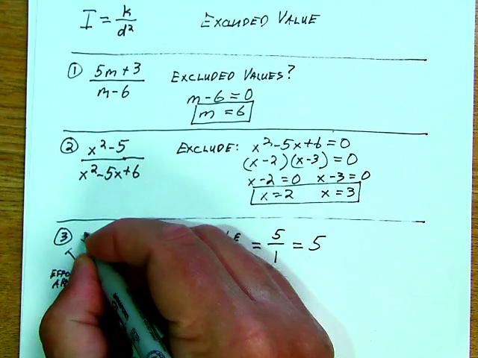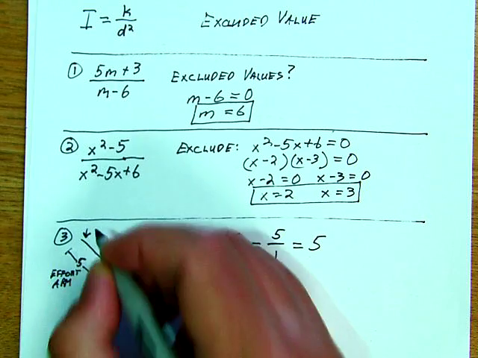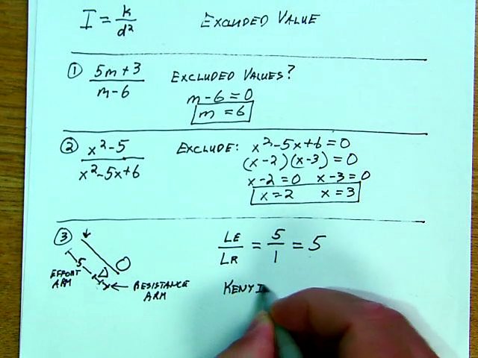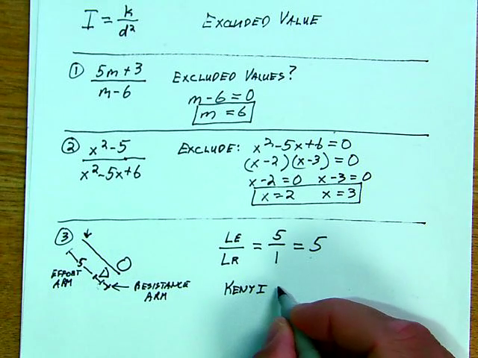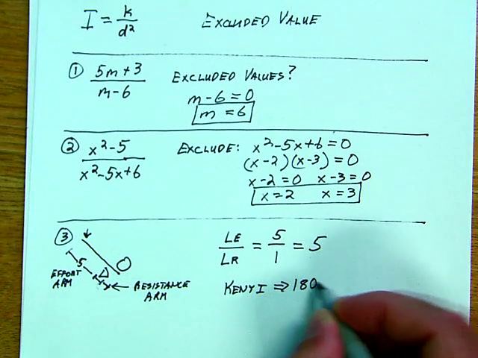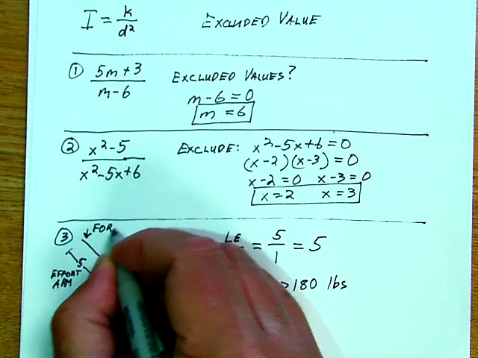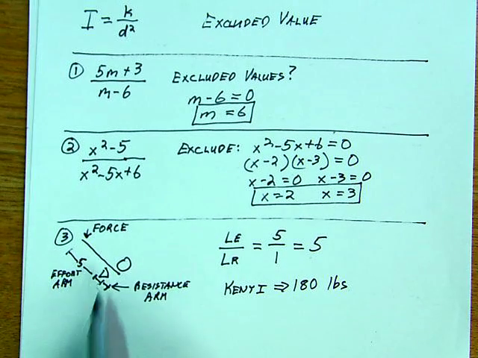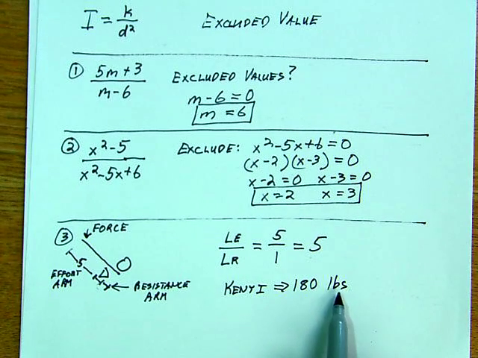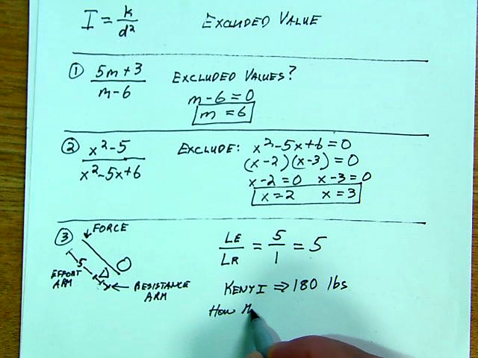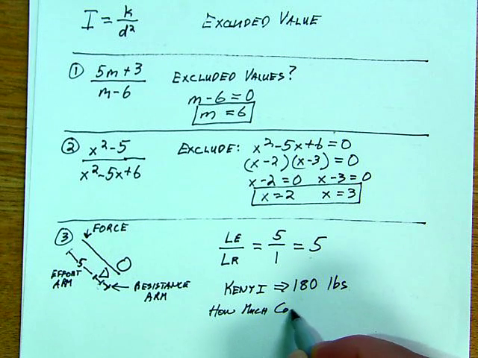And what do we exert? Let's say that Kenny can put 180 pounds of force down on the lever.